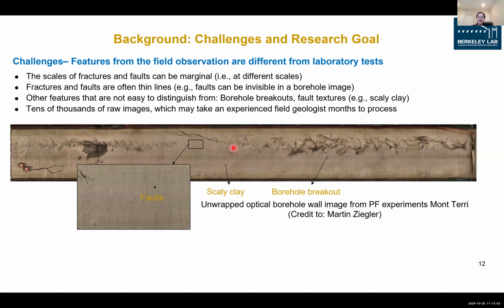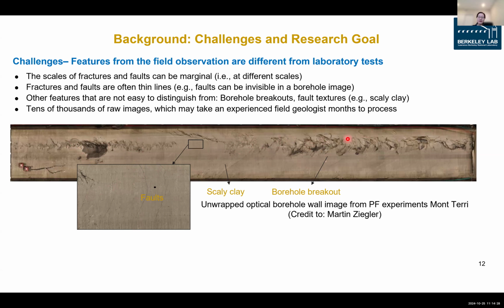So if we zoom in to recognize one or a few fractures, I think that would have been challenging using an already well-developed machine learning model, because this image contains different scales of features. Some of these features are very thin and invisible, and other features, breakouts and scaly clays, are not these thin structures, but another type of topological feature.